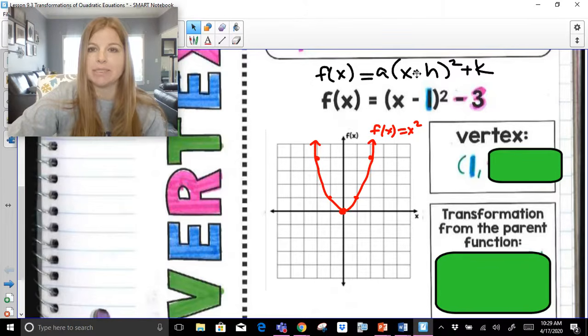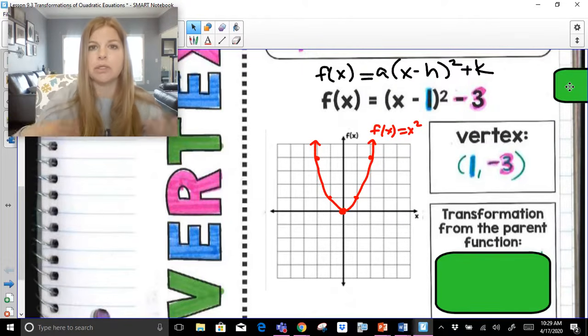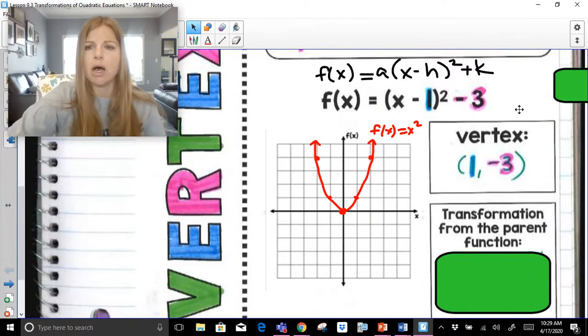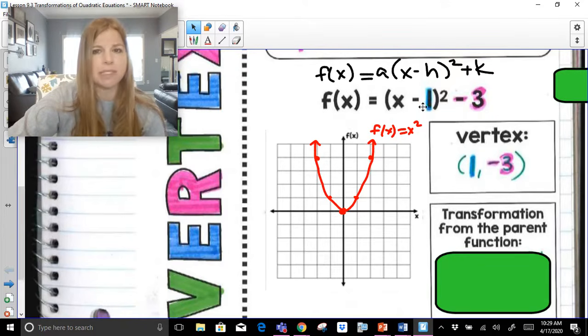If the form is x minus the h value, and I see x minus 1, that means my h is 1. My k is whatever this number is at the end of my equation. And if I see -3, then it's really -3. Now, usually what my students will say to me is, oh, so Mrs. Yakubov, is it just the opposite sign here? And I can say yes to that.